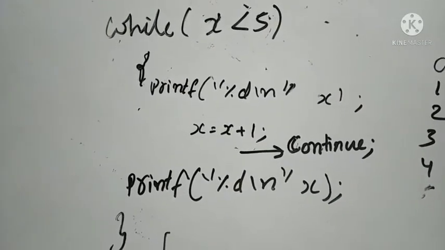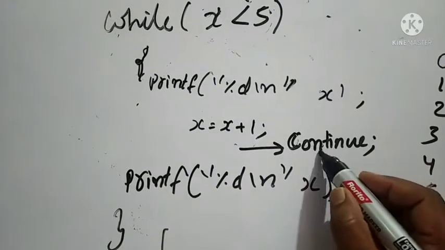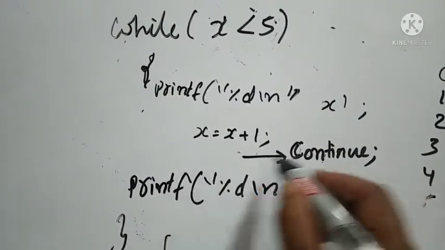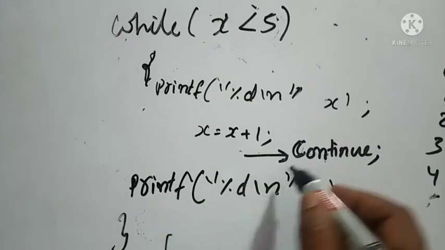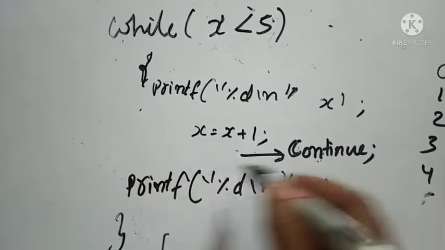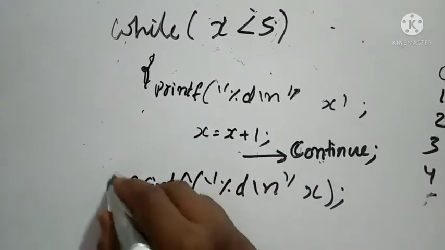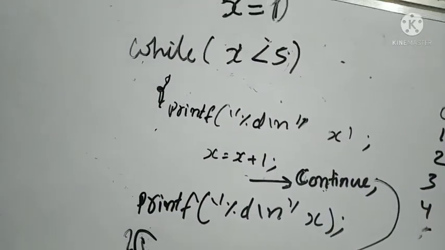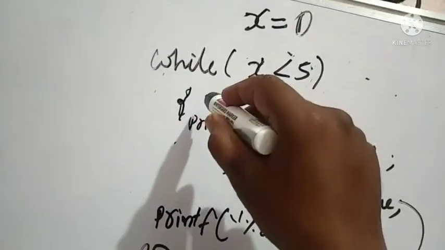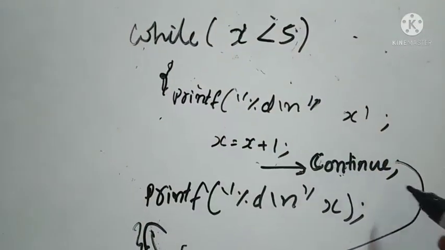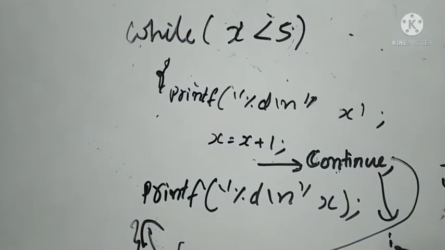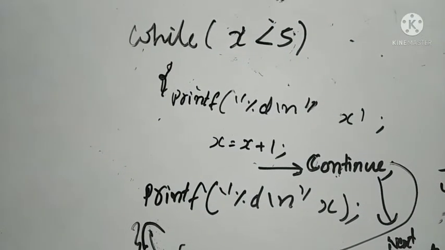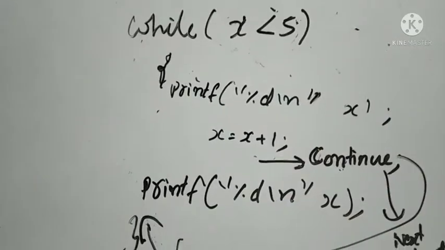Now we can analyze why. Whenever the continue instruction is executed, it will not execute the instructions next to continue. Whatever instruction is present after continue will not execute; it will directly go to the bracket, and from there to the next iteration. So whenever continue is there, it will go to the next iteration without executing the instructions below it.